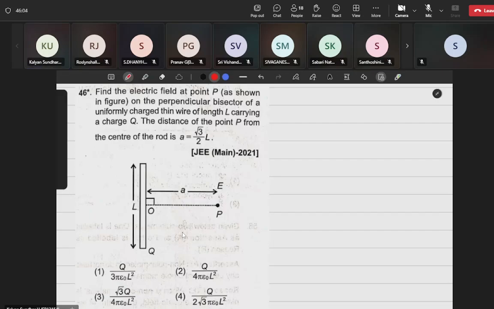Only the values change: A instead of capital R, L1, and instead of lambda the overall length, the charge distributed as Q by L. Write the final answer in terms of what you have.